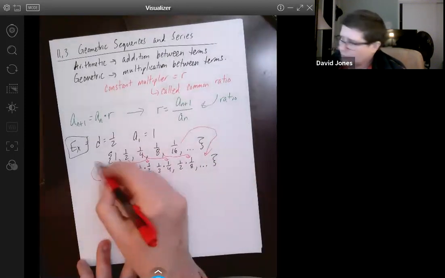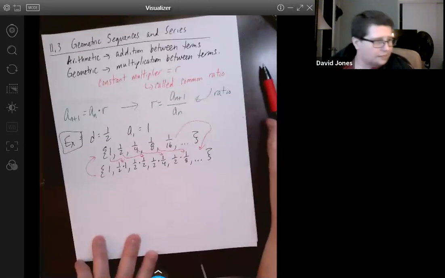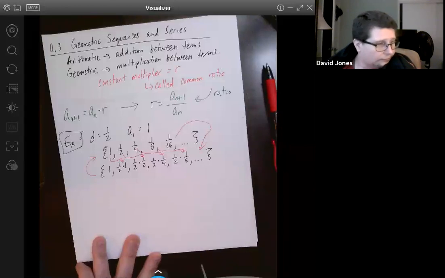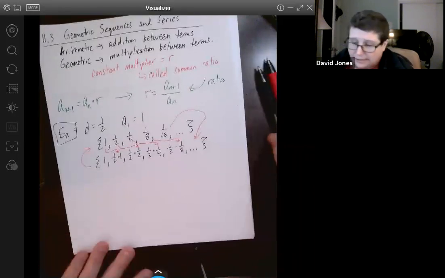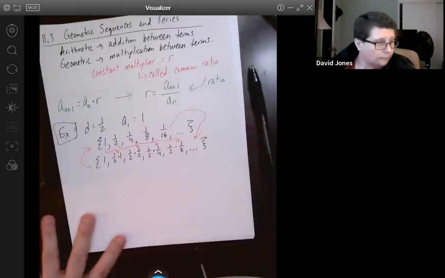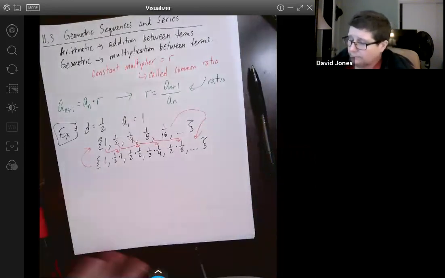So that's an example of a geometric sequence. The fun part is in the geometric series. Actually, let's look at an example of finding ones. So let's give you an example.